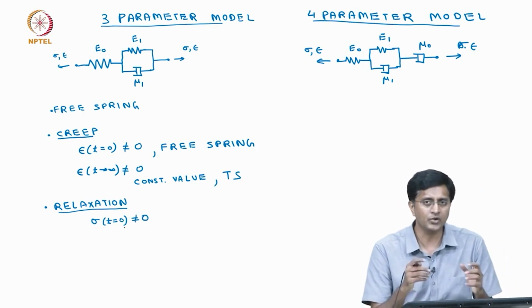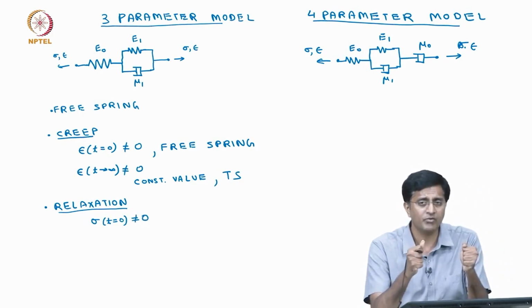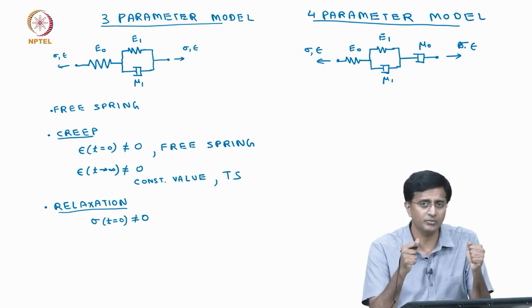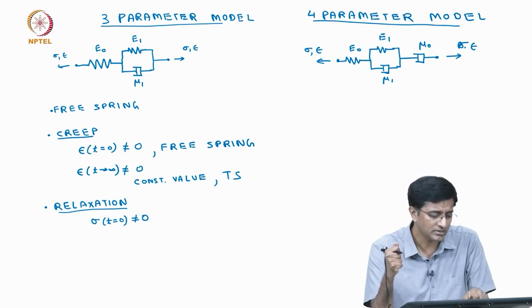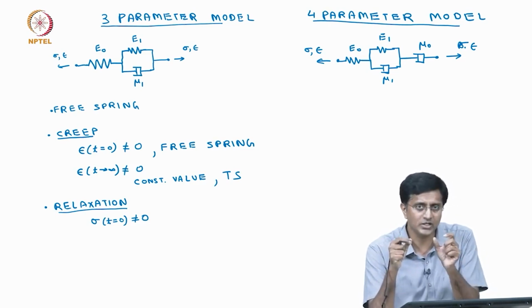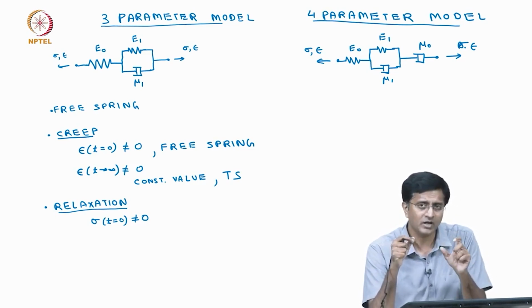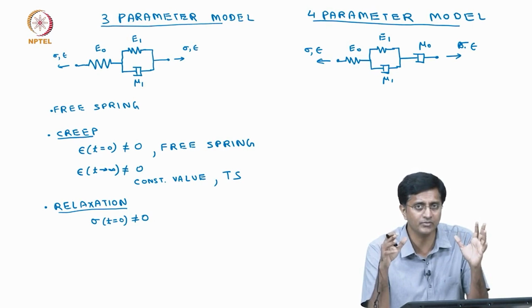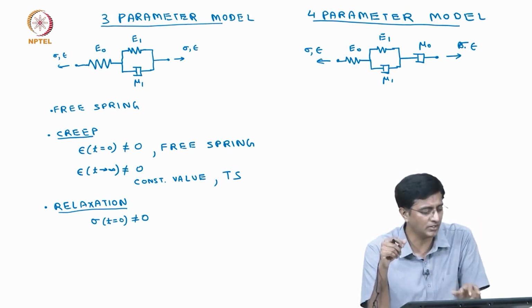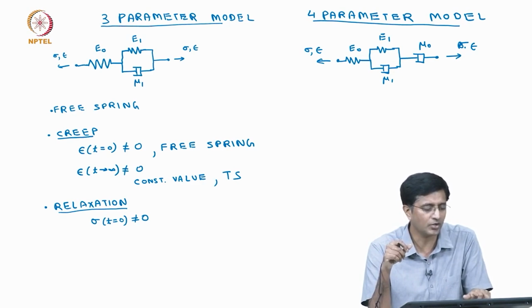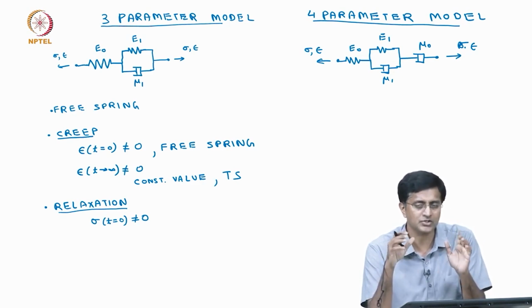Okay. But now the question is, if we wait for very long times, how will it behave? So, we said we stretched and we are waiting. When we wait, what happens is this damper gradually deforms, but then after a while it stops. The reason why it stops is again the spring will not let it deform for infinite extent. So, which means there is a finite amount of strain, both the springs E0 and E1 take, and then they stop.